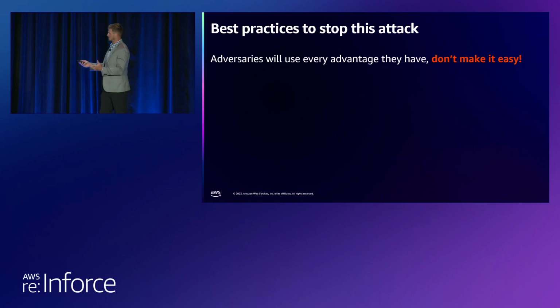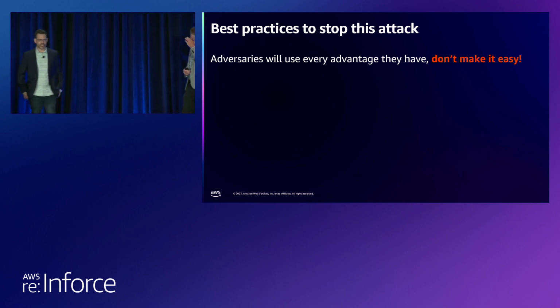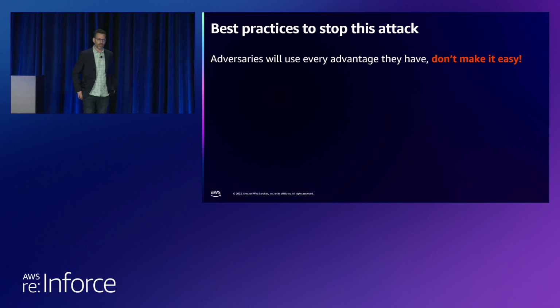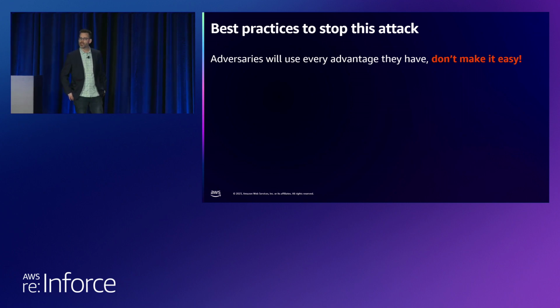I don't know what more you want to say about best practices, but I know they take advantage and they don't make it easy for us to discover them. When we get up on stage and talk to people, we really want to convey that the risk is real and that it's important for people to protect themselves. Cloud security does have some complexities and challenges, but it's not rocket science.